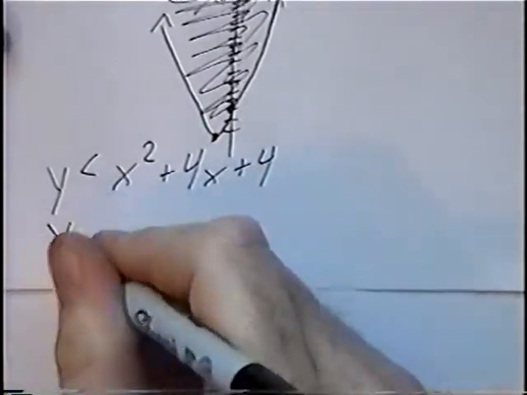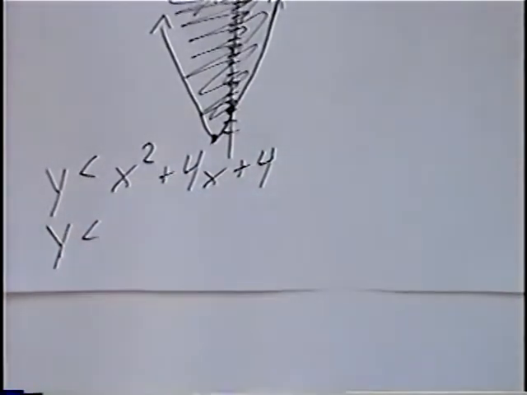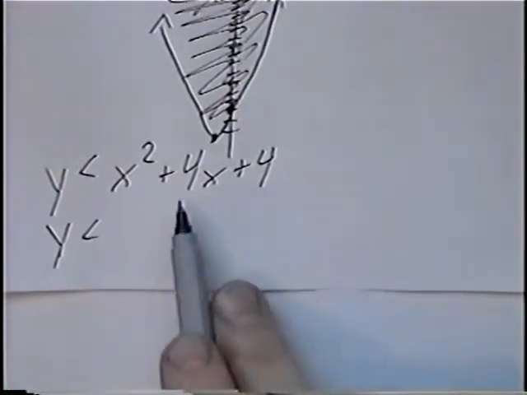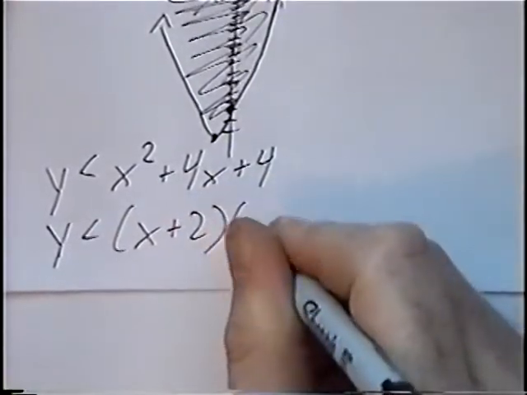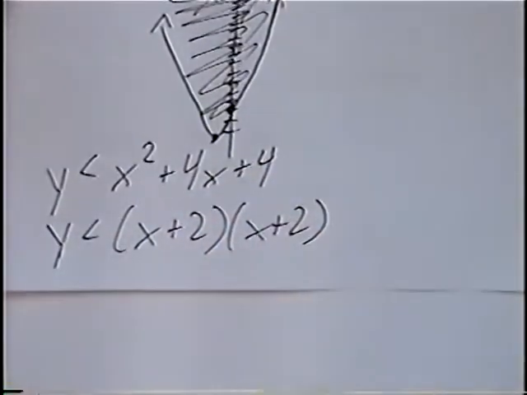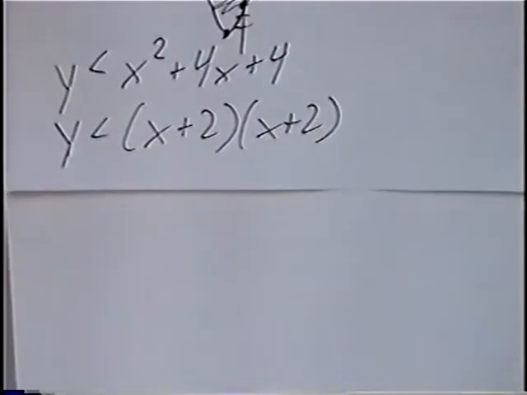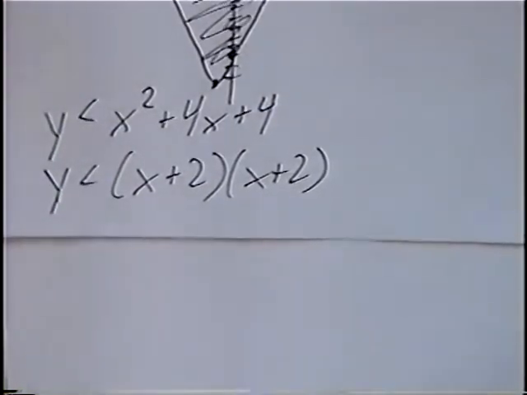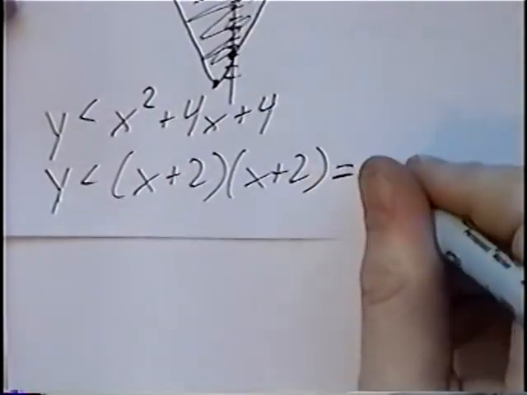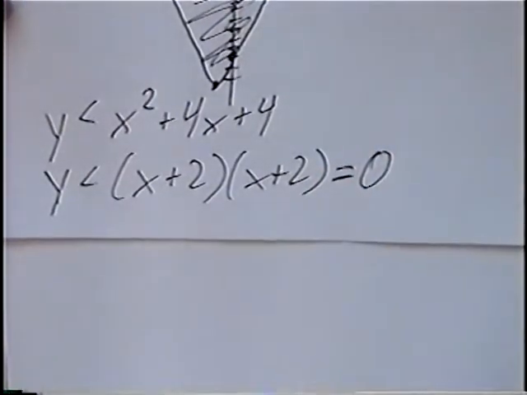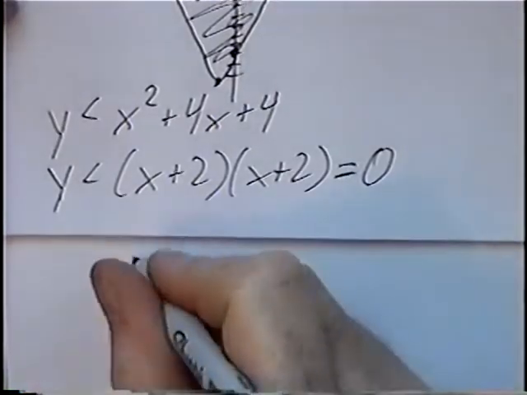If we factor this equation, x squared plus 4x plus 4, the two numbers that multiply to get 4 and add to get 4 would be x plus 2 and x plus 2. After factoring, if you remember from previous sections, we can set these factors equal to 0 to find the x-intercepts or solutions to the graph.